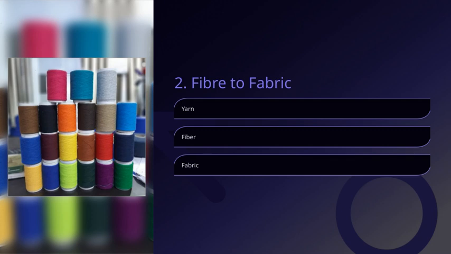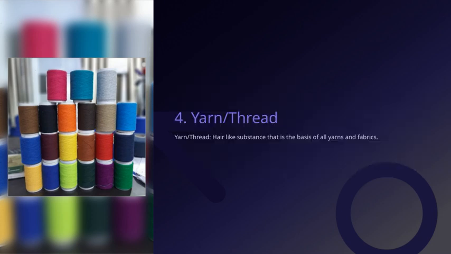Now, let's talk about yarn or thread, which is essentially a hair-like substance that forms the foundation of all yarns and fabrics. Think of it as the very building block for textile creation. This thin, flexible material is what we spin or weave to produce the fabrics we use every day. Understanding its basic nature helps us appreciate the complexity and variety of textiles.